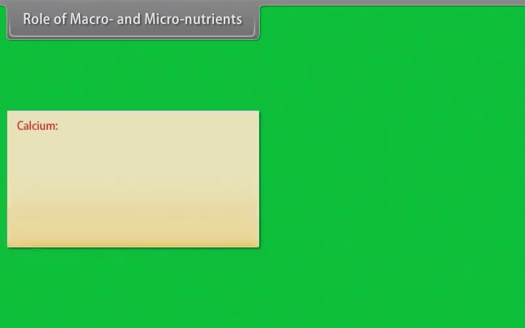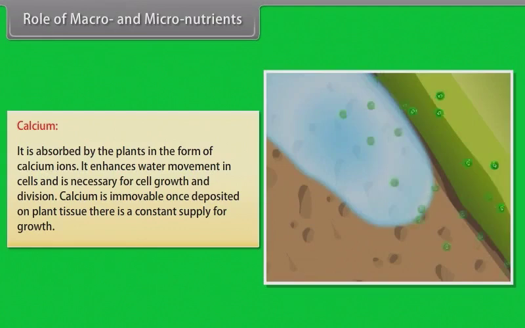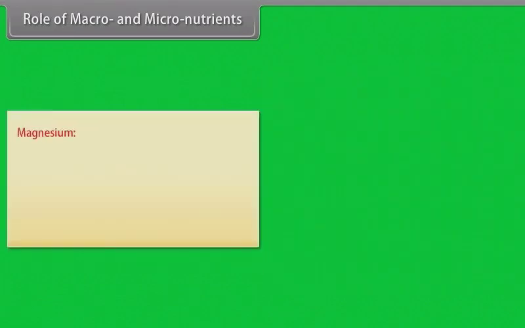Calcium. It is absorbed by plants in the form of calcium ions. It enhances water movement in cells and is necessary for cell growth and division. Calcium is immobile. Once deposited in plant tissue, there is a constant supply for growth. Magnesium.